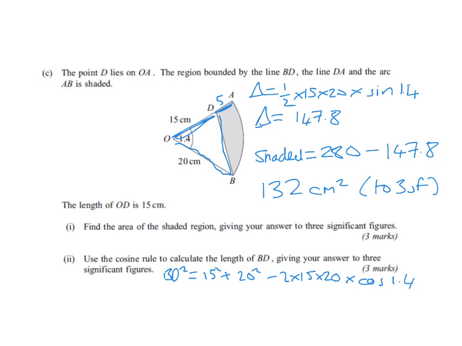You put that all in, you square root it. I think you should be okay with that from GCSE. 22.9 centimetres, again to 3 significant figures.